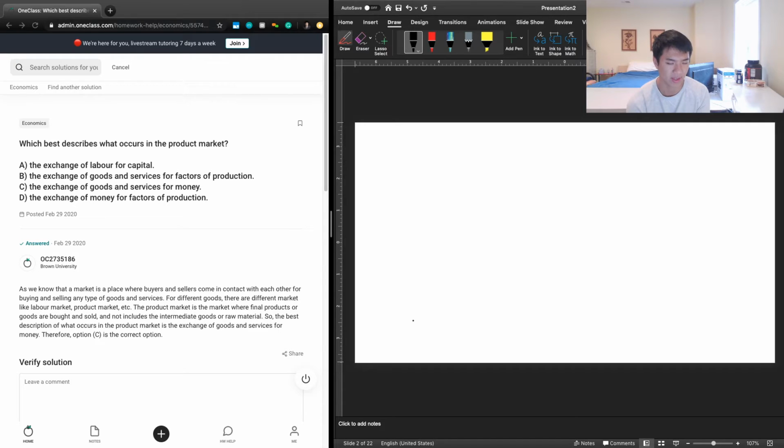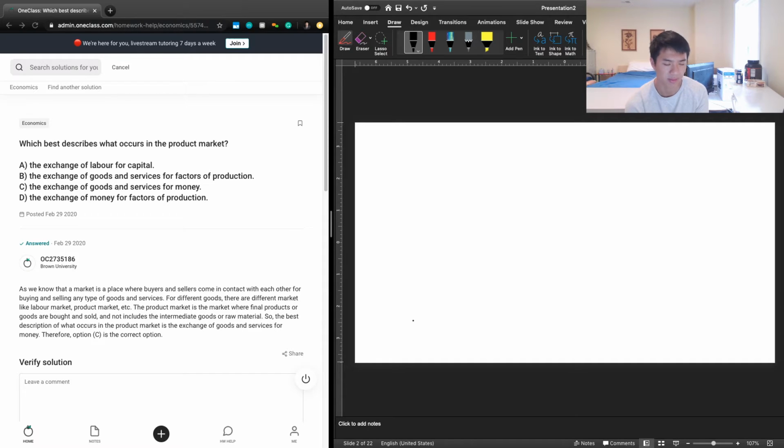And so we're going to look at the answer choices to make sure some of these line up with what we expect to see. So choice A says the exchange of labor for capital. Again, that's not going to be a product market. That's going to be like an individual exchange, basically like a job, right? But a job is not a final good or service, and so that is not what we think of when we think about final goods.